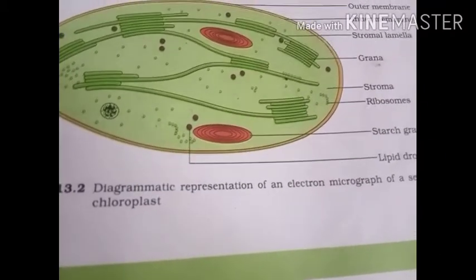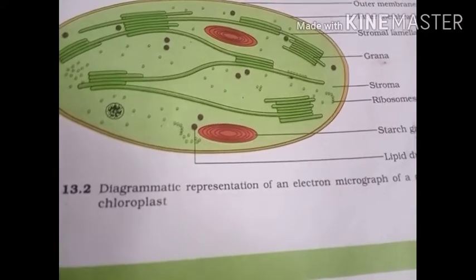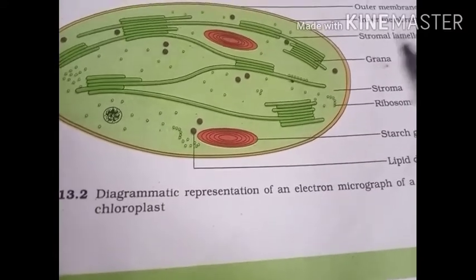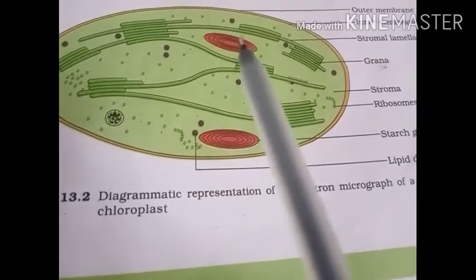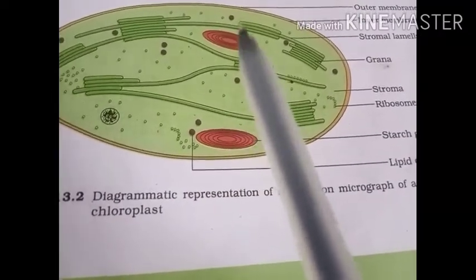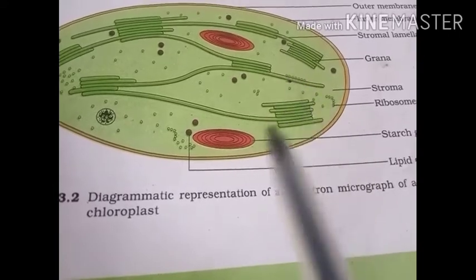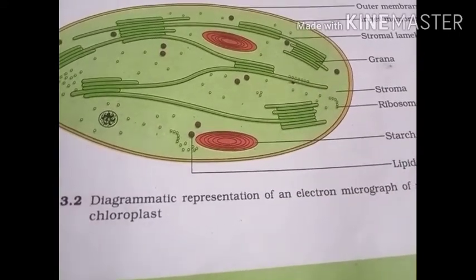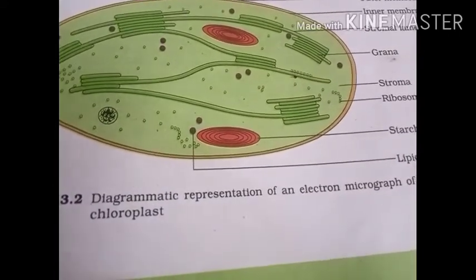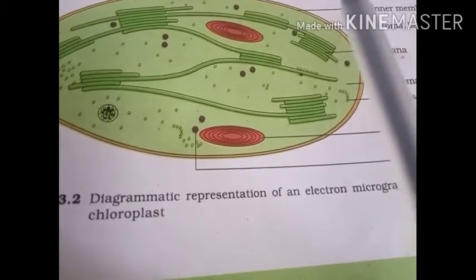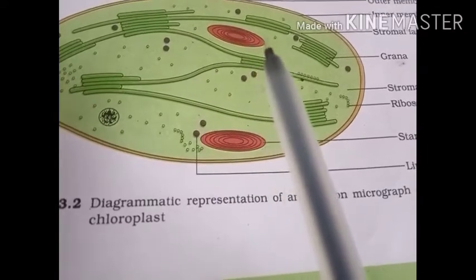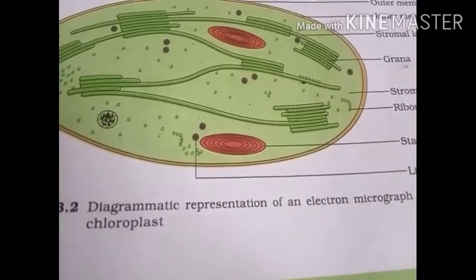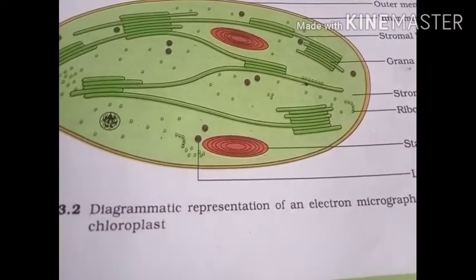Now, as far as the reaction part is concerned, it shows a clear indication of division of labor. Means the specific structure is responsible to carry out the function much more efficiently. The membrane system is responsible to trap the solar energy, and it helps in the synthesis of ATP and NADPH.